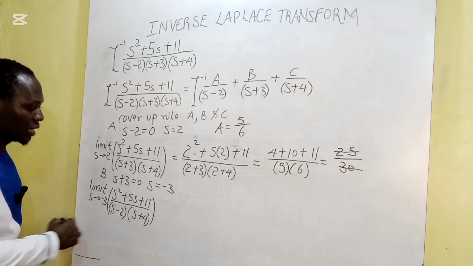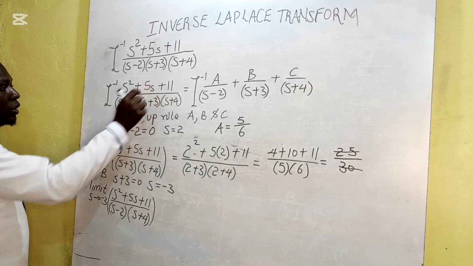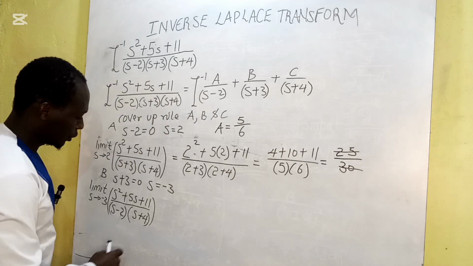That is what we refer to as the cover-up rule. We block this one and use the rest of the function.